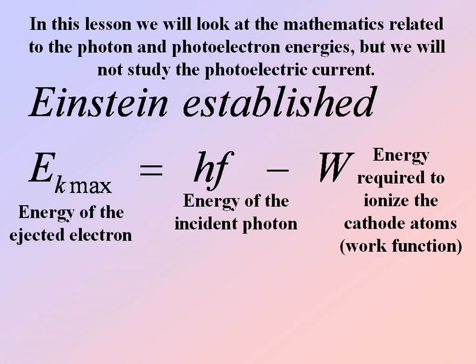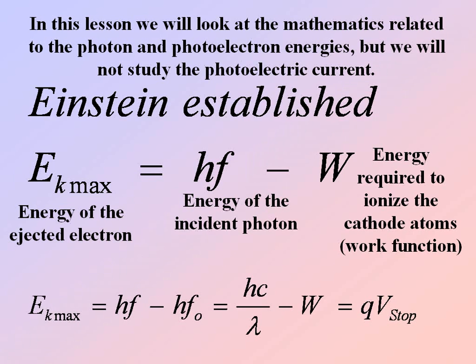However, this incident photon energy is reduced by something called the work function. The work function is the energy required to break the electron away from its atom.